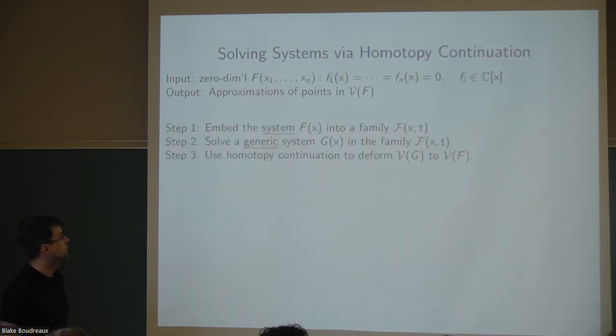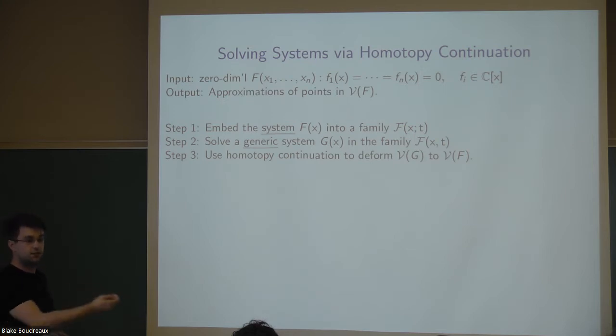Okay, great. So a bit of a recap. Somebody wants you to solve a zero-dimensional polynomial system. So they give that to you, and you, as a numerical algebraic geometer, output all the solutions. So what do we do? One, in all of these steps, we embedded the polynomial system we got into a family.